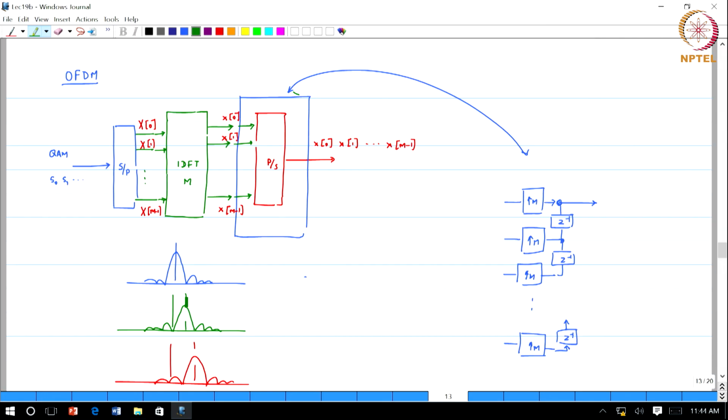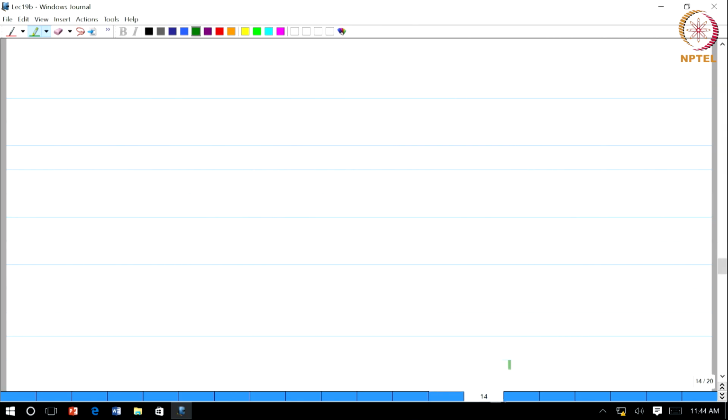Once you have that understanding, you can say that parallel to serial conversion is nothing but an upsampling block followed by a delay chain. The IDFT combined with it is a bank of filters. So, in other words, what have we done in OFDM?